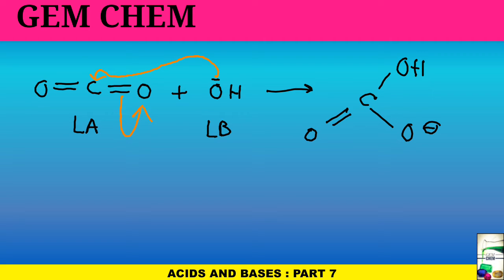So in CO2 the carbon center is acting as an electron deficient center due to the presence of 2 electronegative oxygen atoms, which we can see here on either side.